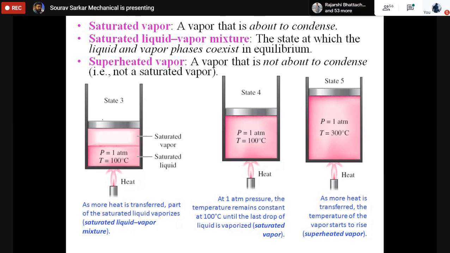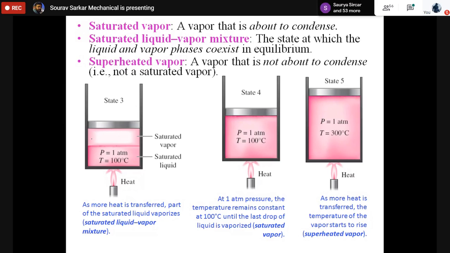Because if it is 101 degrees, then it will start to heat the liquid, and finally the whole system will come to equilibrium. So the vapor temperature is also 100 degrees Celsius. The temperature of the liquid and the temperature of the vapor are the same because there is physical contact, so there is continuous heat transfer. It will try to keep everything in thermal equilibrium. I told you what thermal equilibrium is.